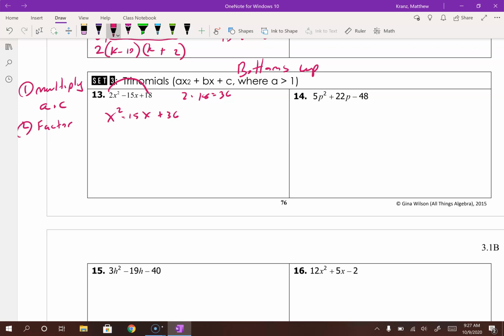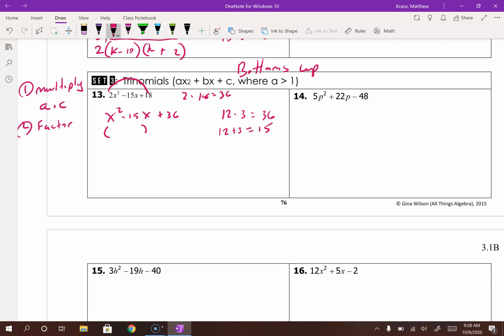You can have 2 times 18, which we just did. And we can also have 12 and 3, so 12 times 3. 12 times 3 is 36, and 12 plus 3 is 15, so that works.